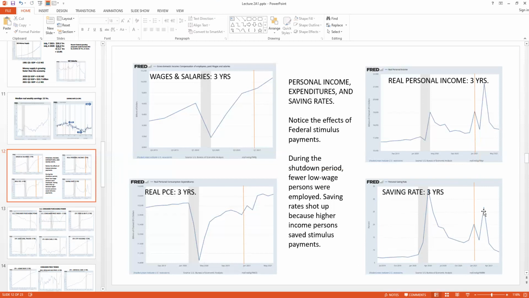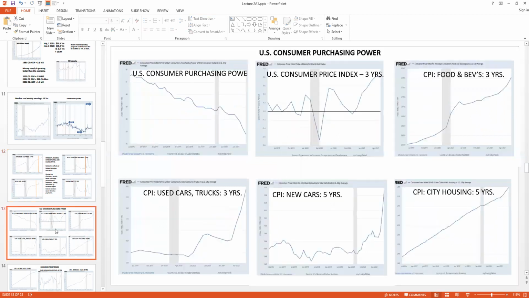So, do people need these stimulus payments any longer? Would it be better if they didn't have the stimulus payments so that they would have a greater incentive to go back to work? And that's a topic that is debated quite heavily in Congress today.